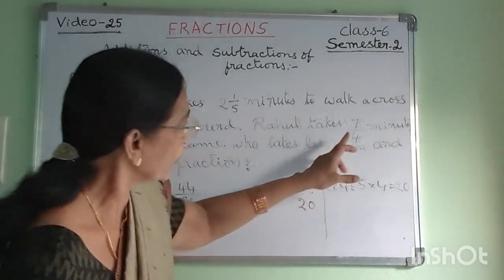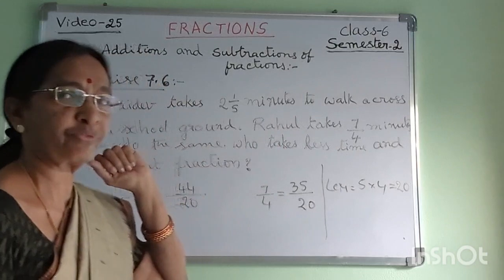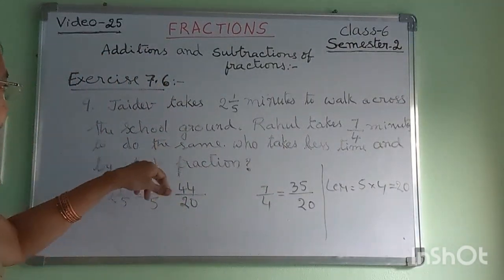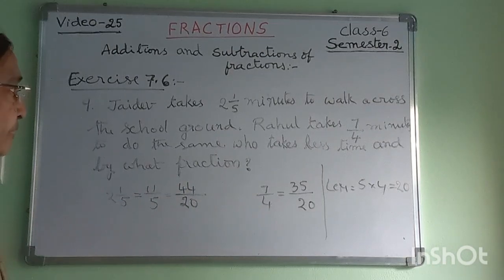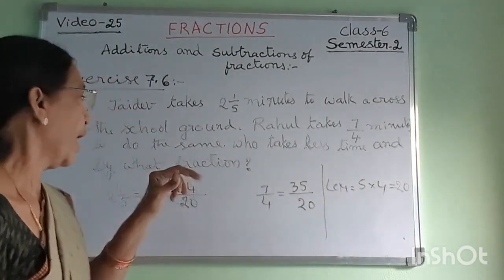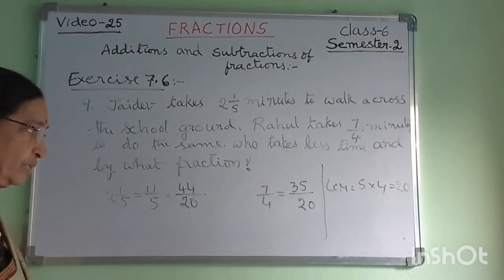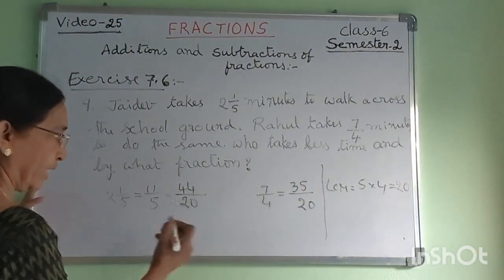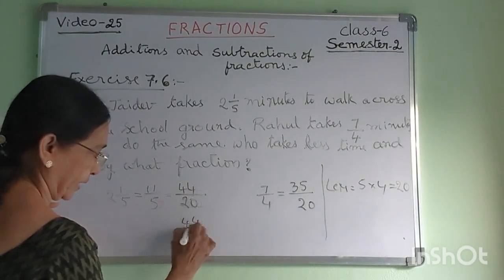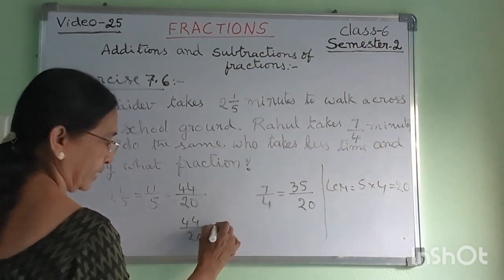So, Rahul takes 7/4 minutes. Therefore, he finishes the same distance in less time. So, who takes less time? Rahul takes less time. And by what fraction? For that, we have to take the difference between the greater fraction and the lesser fraction.